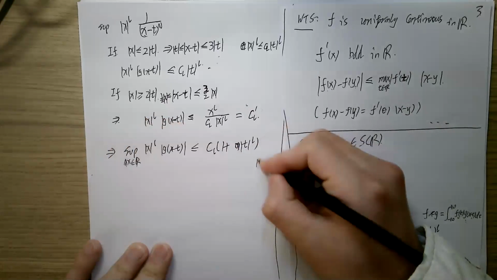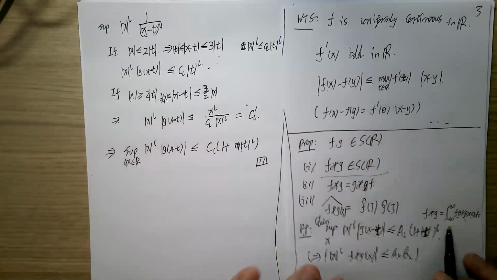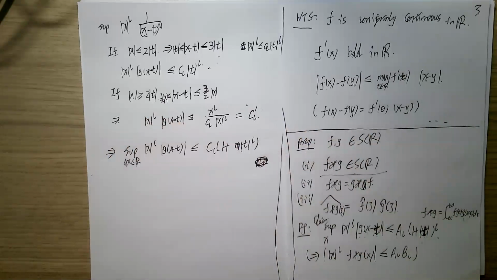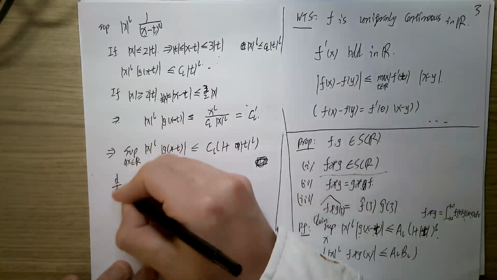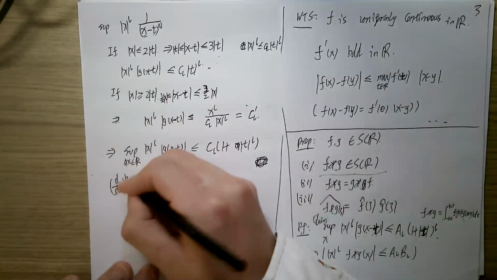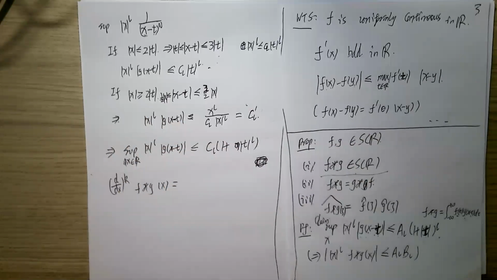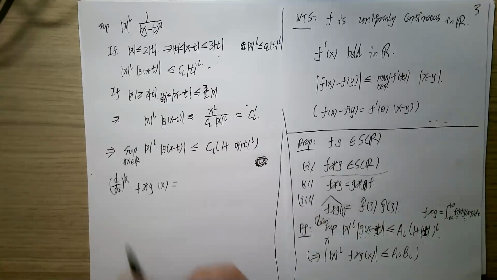Okay, so this is how you can show that F convolved with G is in Schwartz space, at least for the decay. If you try to take the derivative of F convolved with G, what you can see is, since this convolution converges absolutely, and it converges very well, you can switch the derivative and the integration.